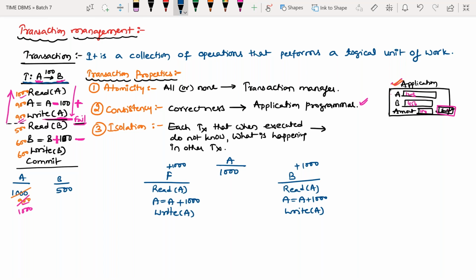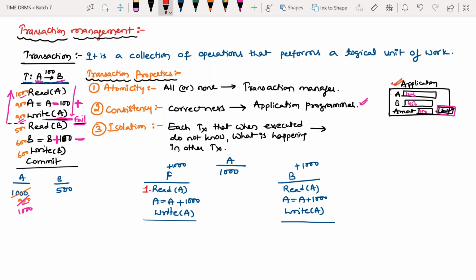This is done by my father and my brother, assuming these are two independent transactions. Now I can call one the F transaction and the other the B transaction. F and B are independent transactions executing simultaneously, because F doesn't know what is happening with B, and B doesn't know what is happening with F. It means both F and B are executing simultaneously.